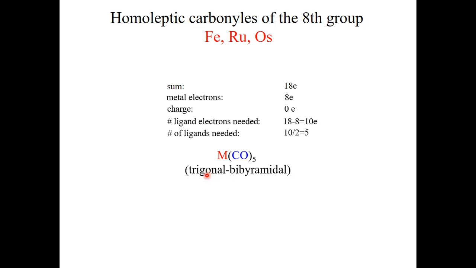In this case, the trigonal bipyramidal structure is favored, and these molecules accordingly exist in this structure. All these compounds are liquids. Iron pentacarbonyl is a light orange liquid. The ruthenium and osmium pentacarbonyls are both colorless liquids.